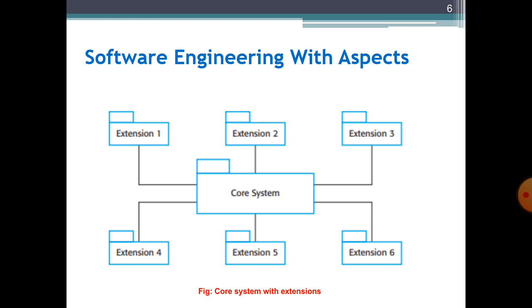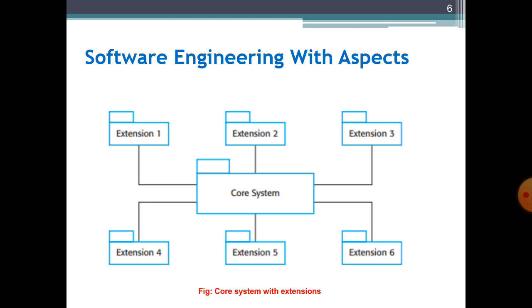The next topic is software engineering with aspects. You have already discussed software engineering in your previous semester. Students, if you look at this diagram, I have used UML packages to represent both the core and extensions. This is a generic diagram. We have some core system, for example a patient monitoring system.